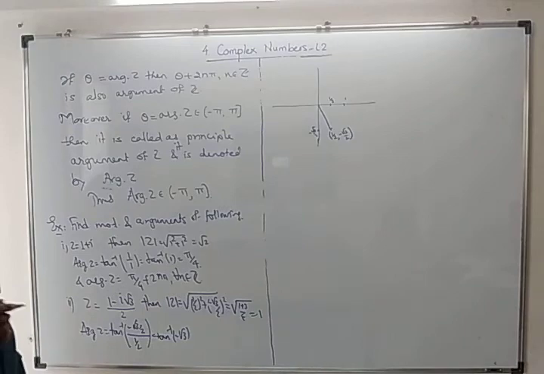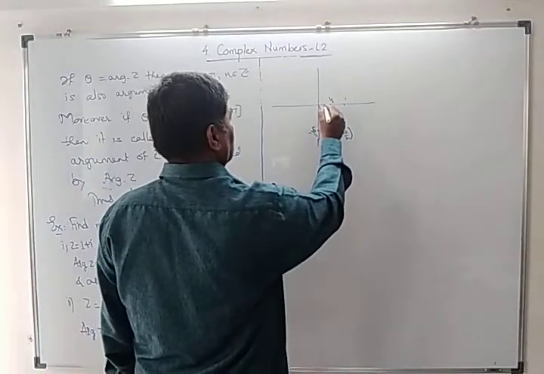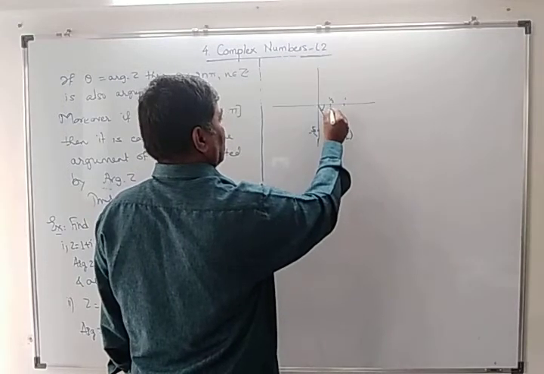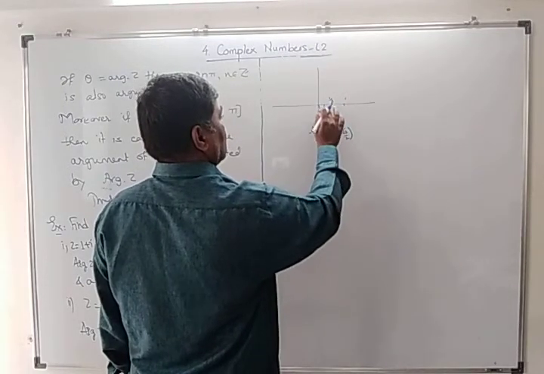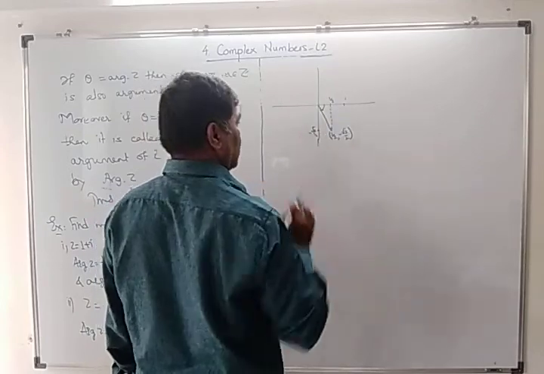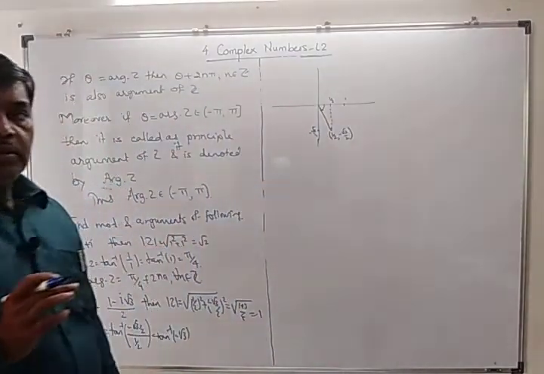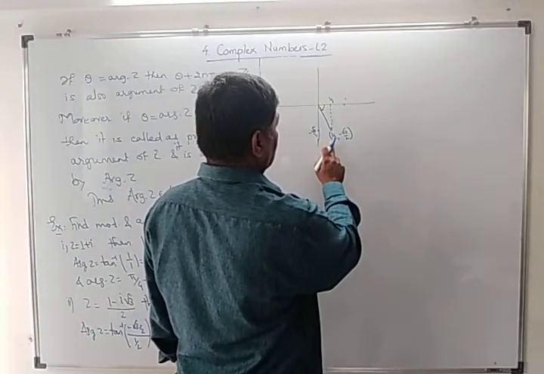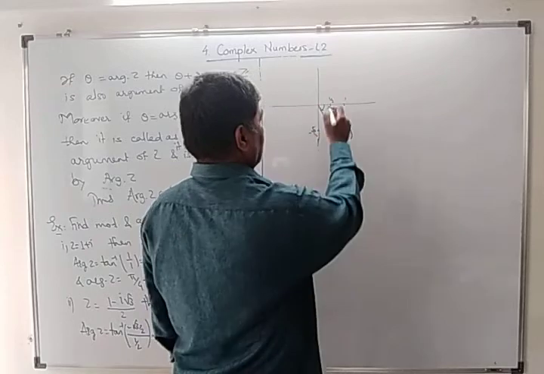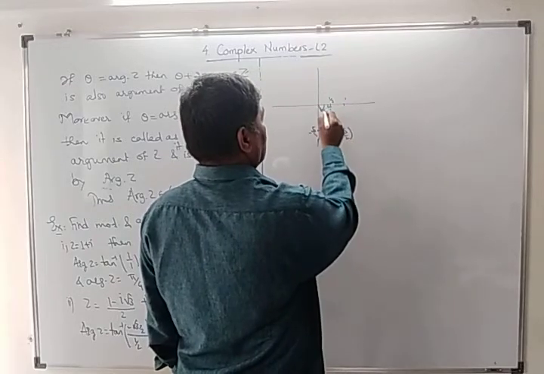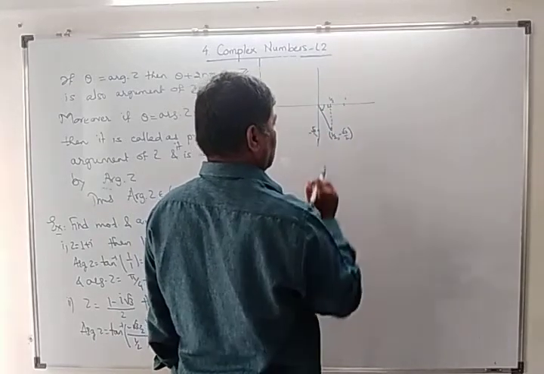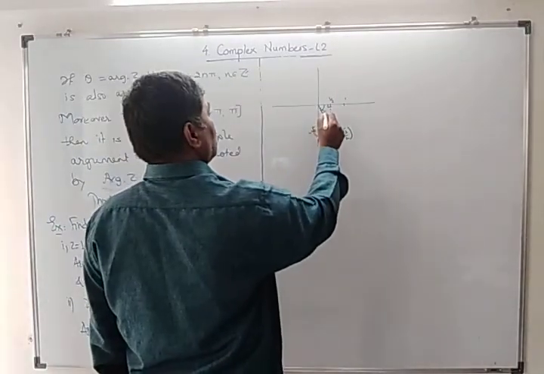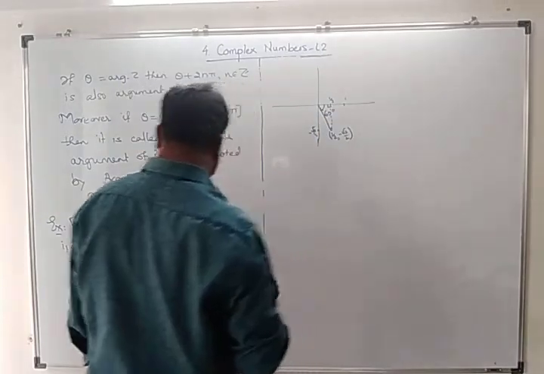Is it clear? What is this angle? If I draw a perpendicular here, this is 90, 60, 30. Is it right? The side opposite to 30 degrees is half, and this is your root 3 by 2 distance. So what is this angle? This is your 60 degree, means pi by 3.